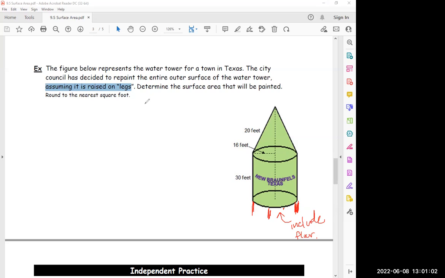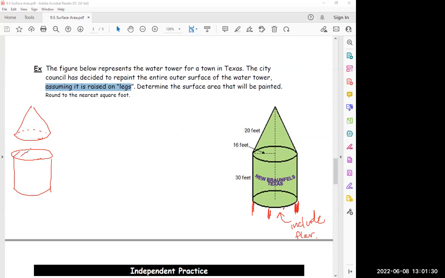Here's another example where if you follow the formula, you will get it wrong. Let's backstep a little bit. How many different 3D shapes do you see? I see a cone, and I see a cylinder. A cone has a flat surface on the bottom.